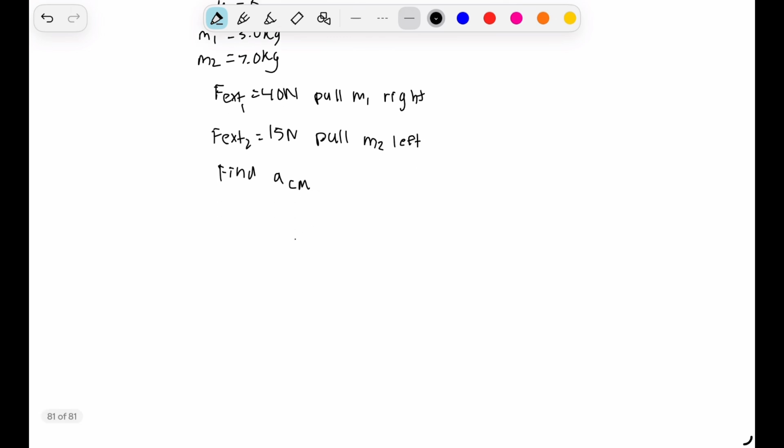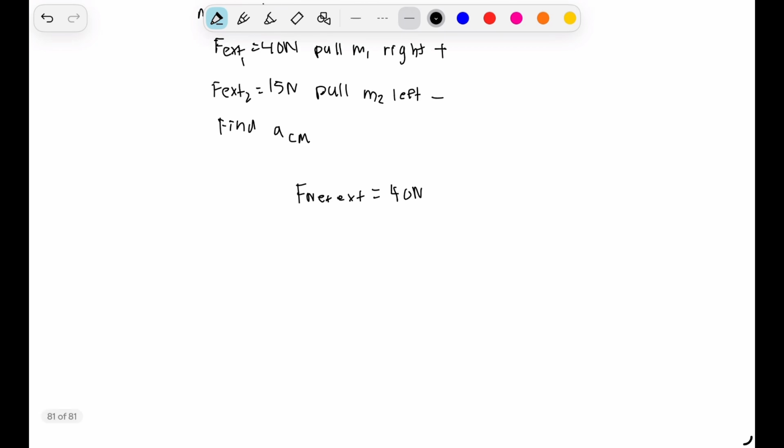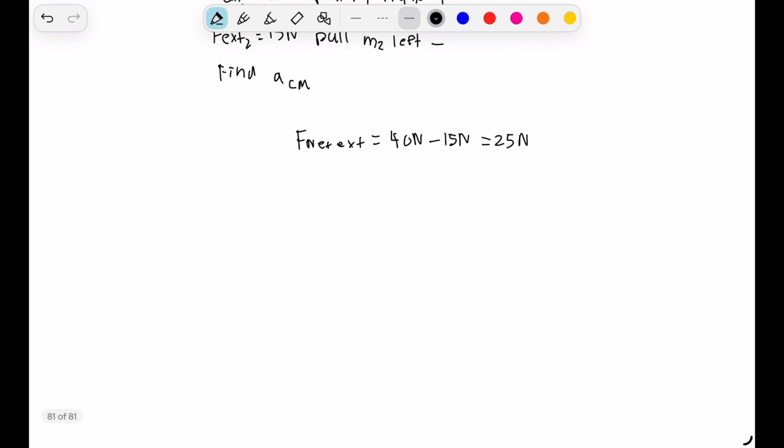What you do is you take the external force on the entire system. We have 40 newtons acting to the right, and 15 newtons acting to the left, giving us 25 newtons as our net.